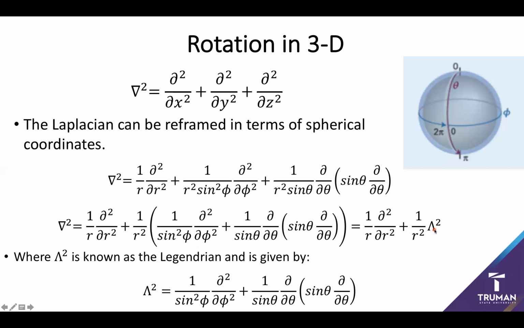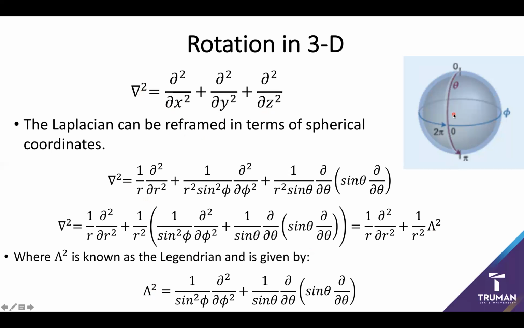So a good way to think about the Legendrian is it's kind of the angular version of the Laplacian. So the Laplacian is a second derivative with respect to Cartesian directions. And again, you can reframe it into angular or into a spherical coordinate system. The Legendrian is more or less the second derivative just with respect to the angular portion.